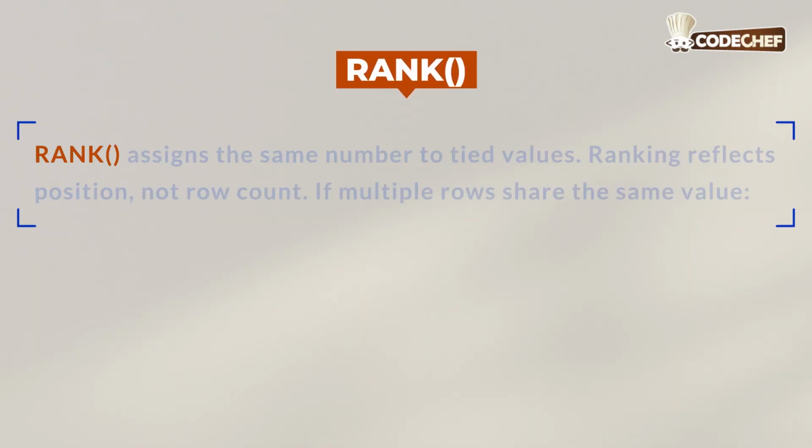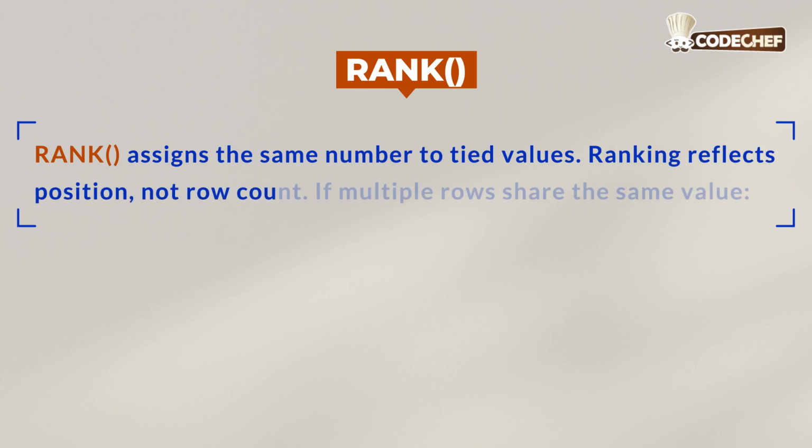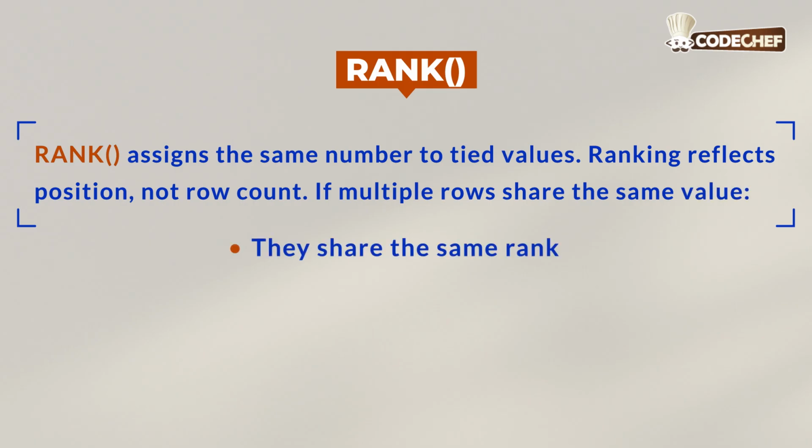Rank function assigns the same number to tied values. Ranking reflects position, not row count. If multiple rows share the same value, first they share the same rank, second, next rank number jumps. So we use the rank function to assign different ranks to the values.